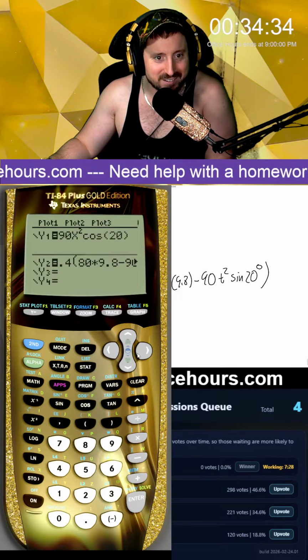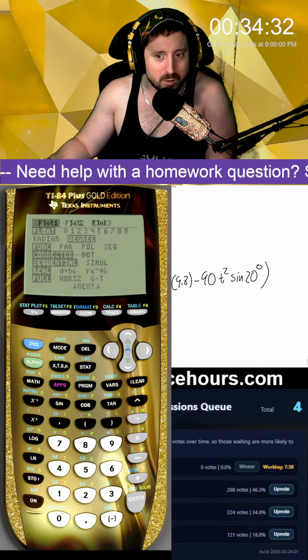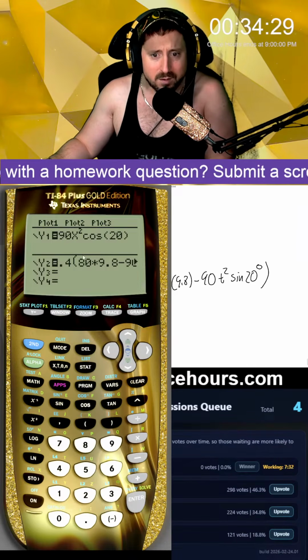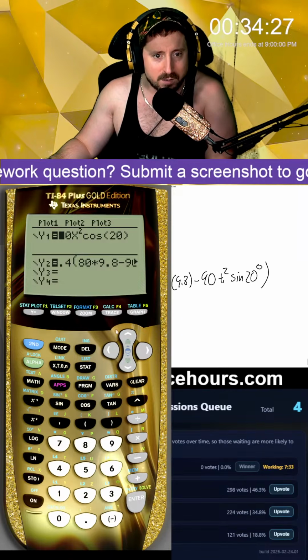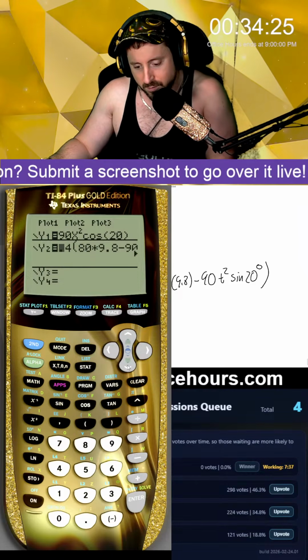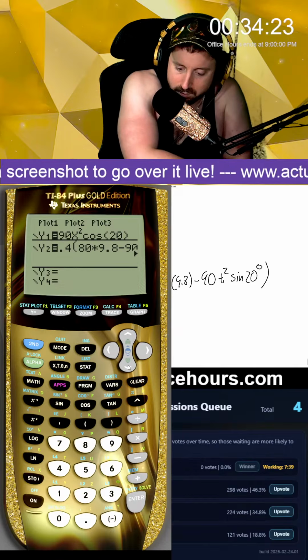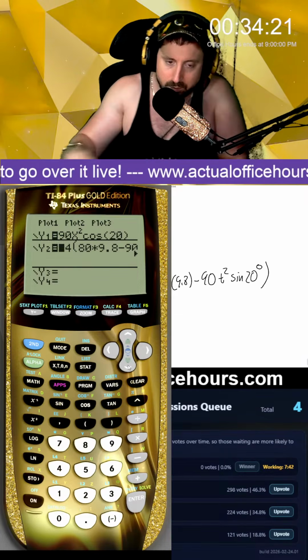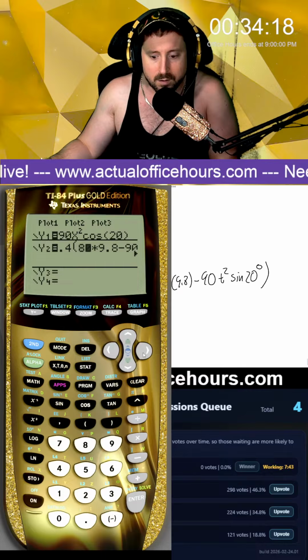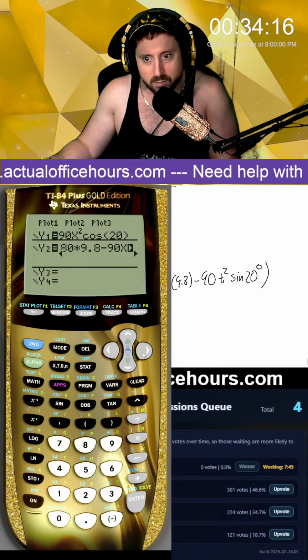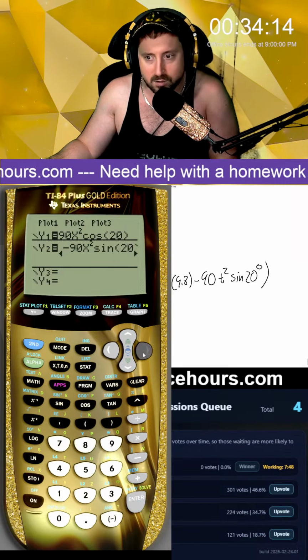Wait, let's make sure we did this right. Oh, yeah, no, I'm in degree mode. That's fine. Okay, 90x squared cosine 20 is 0.4 times 80 times 9.8 minus 90x squared sine of 20.